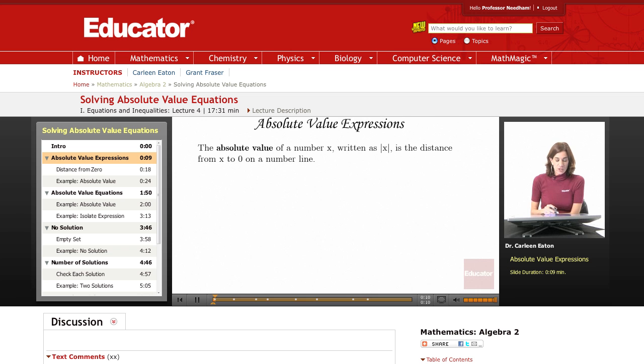Recall that the absolute value of a number x, written as x with the two bars, which is the symbol for absolute value, is the distance from x to 0 on a number line. For example, if you have the absolute value of x equals 3, what you're saying is that the absolute value of this number is 3 away from 0 on the number line. 1, 2, 3.